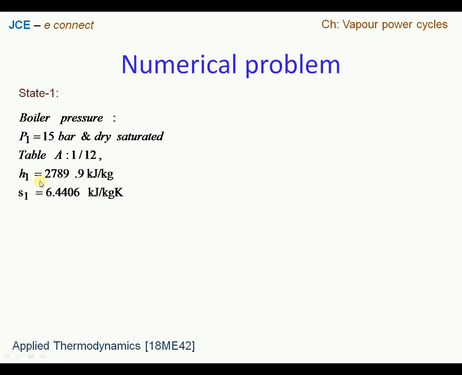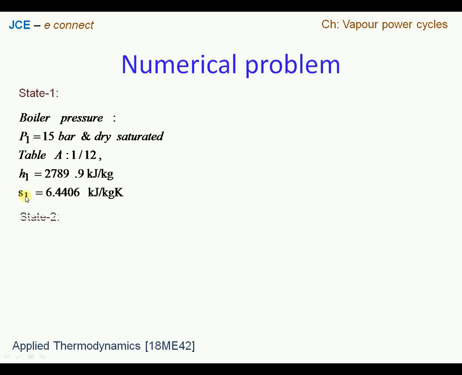So now we have the H1 value and S1 value. The reason why we pick S1 from the table is that the turbine work is isentropic expansion, therefore S1 is equal to S2, which becomes one of the bases for calculating the H2 value at the condenser.